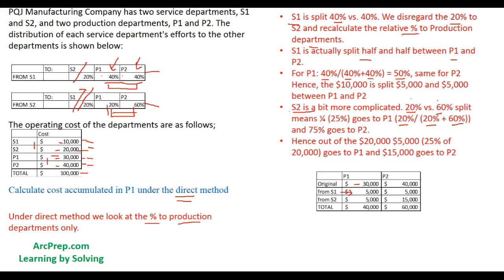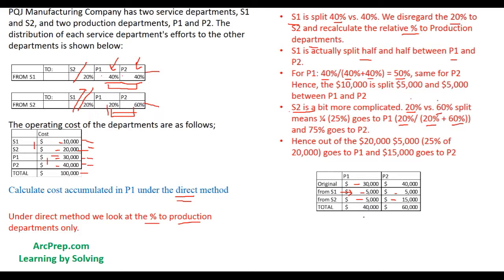Essentially, I need to split $10,000 into 2. If I do 40%, it will be 4,000 each, and it won't add up to 10,000. So it's 50-50 split. 5,000 and 5,000 is their respective percentages. Now, S2, which is 20,000, is split 25% versus 75%.